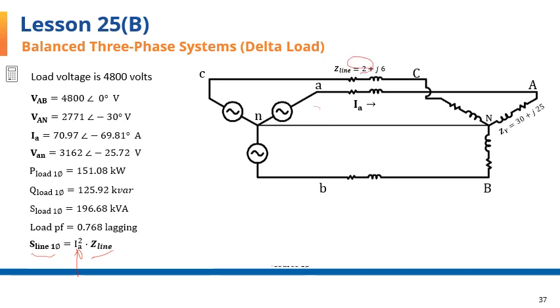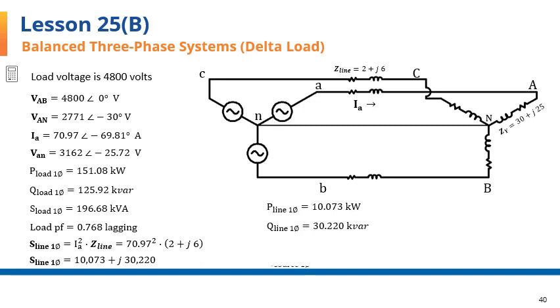And substituting for the values, we'll have 70.97 squared from here times Z of the line. And that comes to this complex number in Cartesian form. So the line real and reactive powers are extracted from this complex number. Real power loss on the line is 10.073 kilowatts, and reactive power loss per line is 30.22 kilovars.